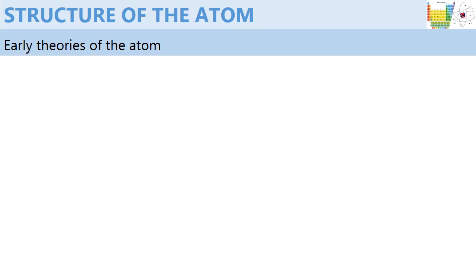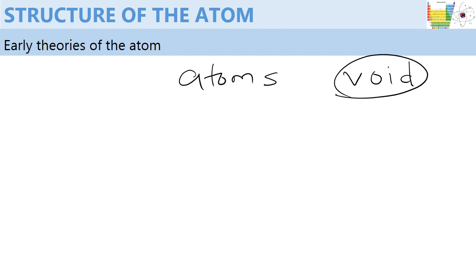Atom is derived from a Greek word atomos, which means indivisible. The Greek philosopher came up with the idea that everything is composed of atoms and the void. The void is just an empty space.